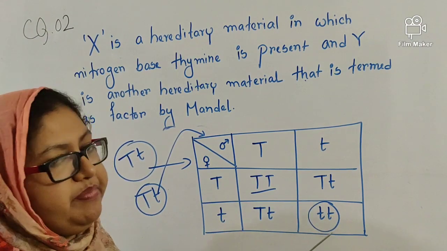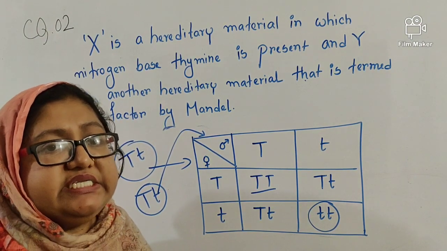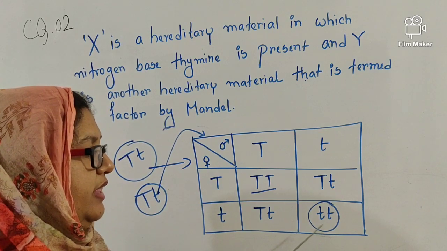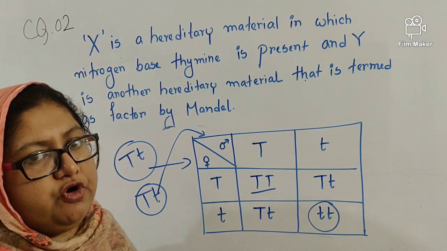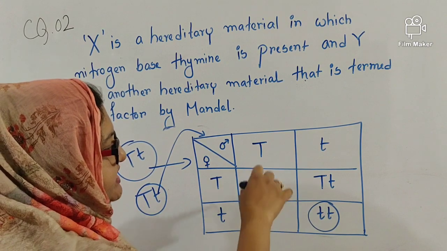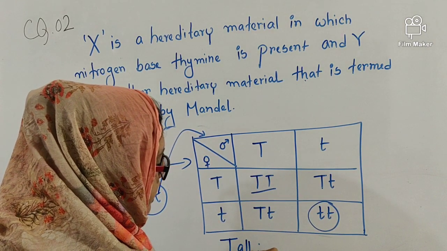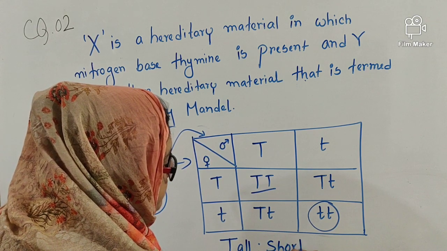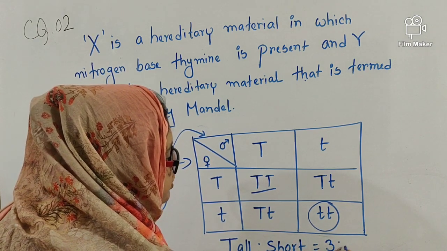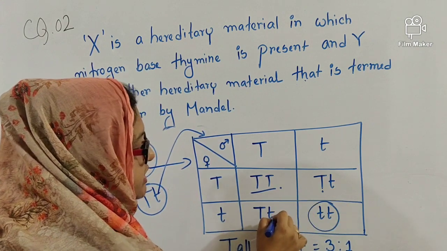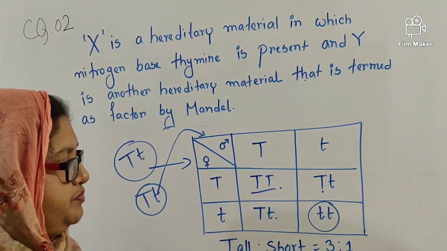There is no capital T, that means no dominant gene. That is why this plant will be dwarf or short. So from this checkerboard you can see that the ratio between tall and short is 3:1. 1, 2, 3, and here is another short.